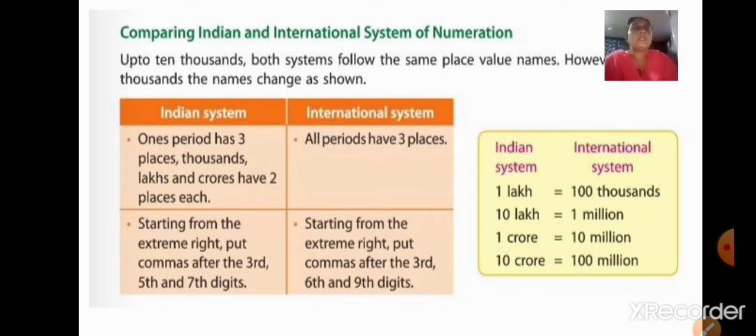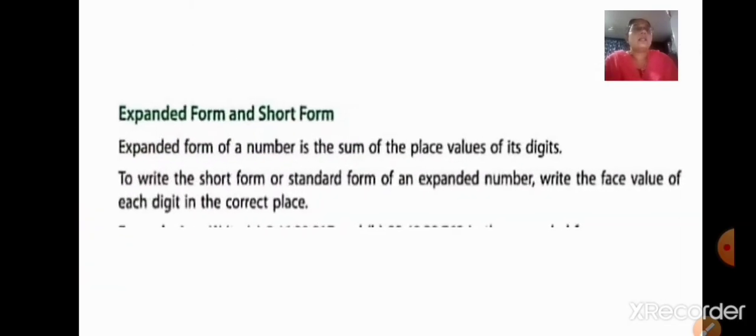In the Indian system, starting from the extreme right, put commas after the 3rd digit, 5th digit and 7th digit. And in the international system, starting from the extreme right, put commas after the 3rd digit, 6th digit and 9th digit.